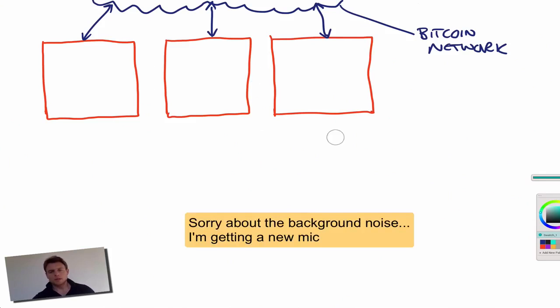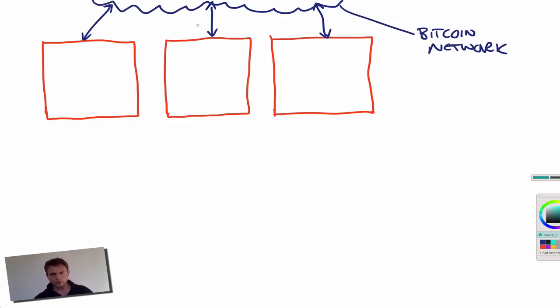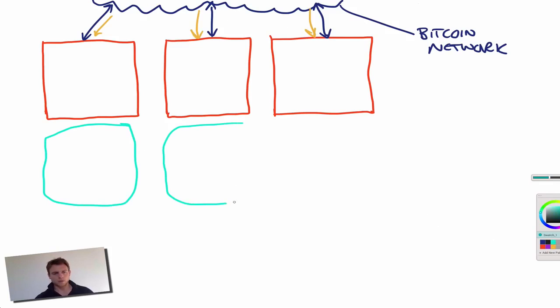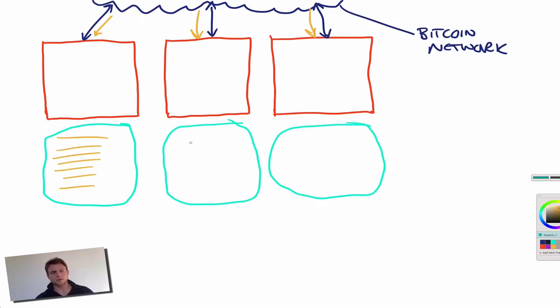So just redrawing this a bit and clearing some of the clutter. These were our mining nodes, connected to the network, which I've just drawn as a kind of cloud, right? These are our mining nodes, and all the time they're getting messages about new Bitcoin transactions that are coming over the network, and they're all maintaining a local pool of transactions that are coming in.